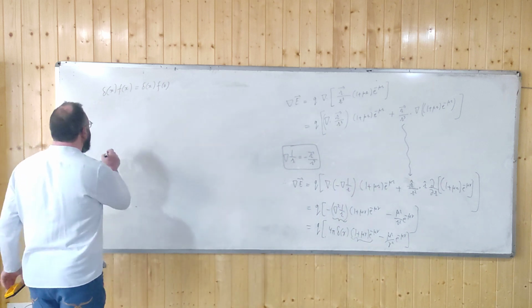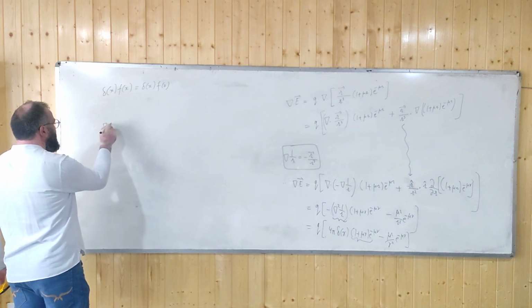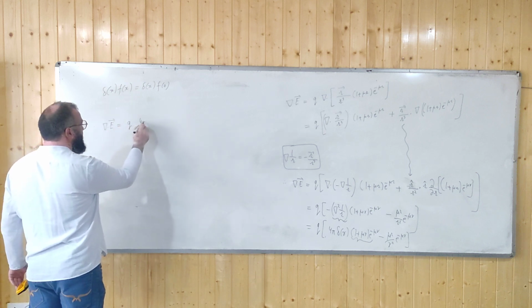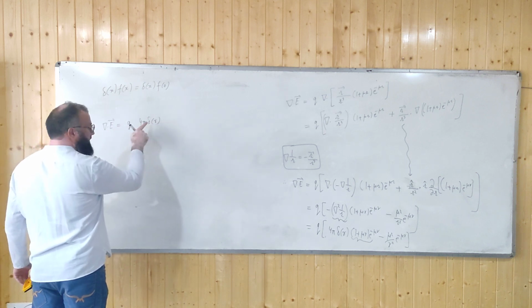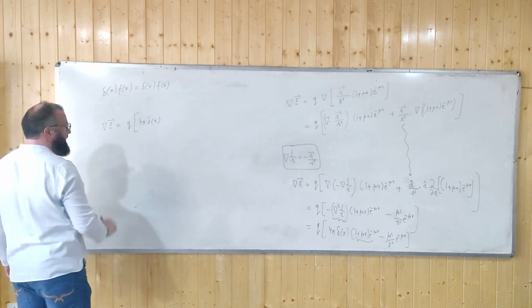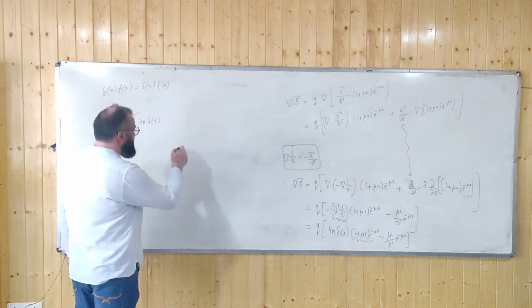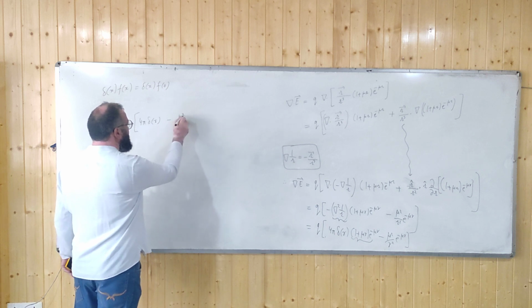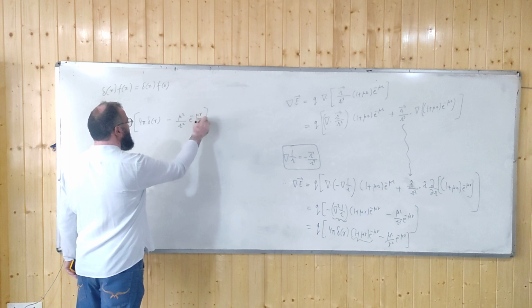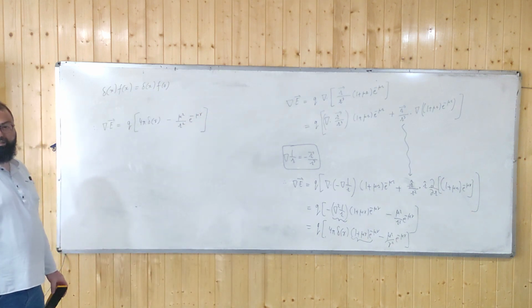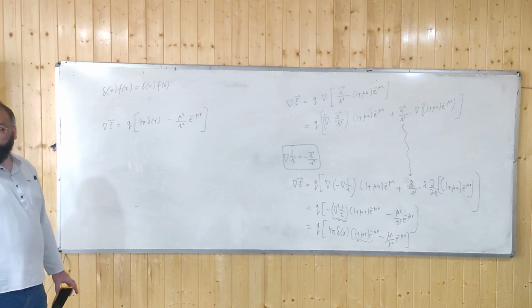Therefore, I am having this del dot E, it's equal to q 4 pi delta of r. It's actually a three-dimensional delta function, I should say, because r is the magnitude of a 3 vector. So minus mu square by r square. Everybody got it? Everybody followed it?